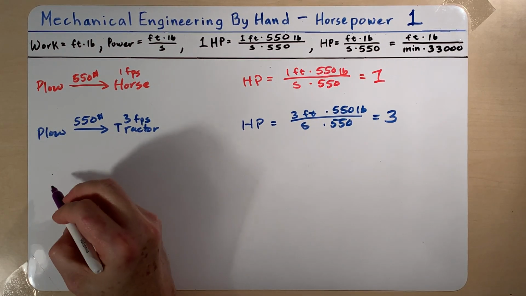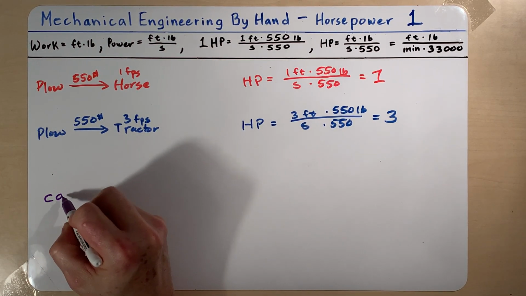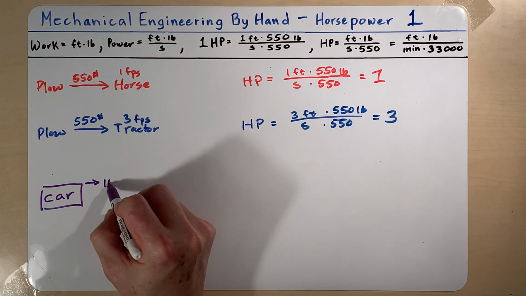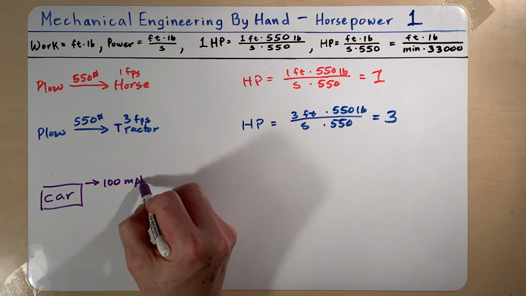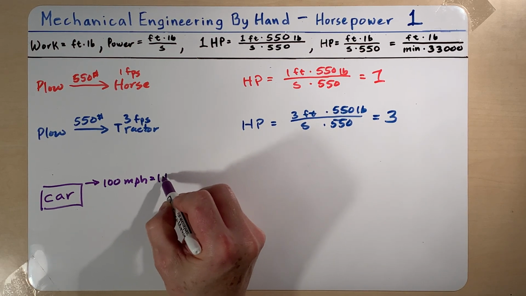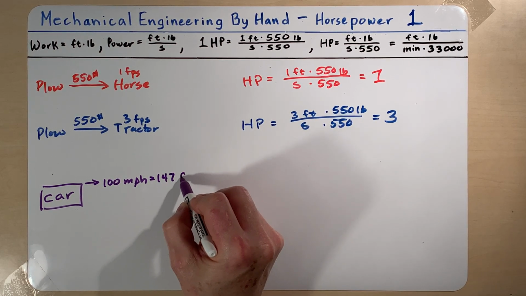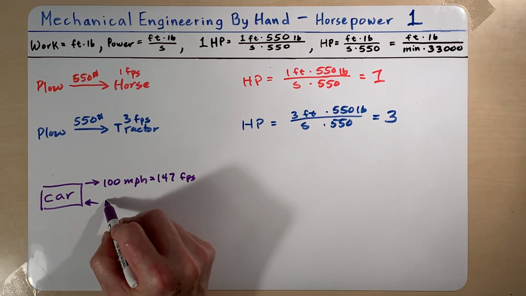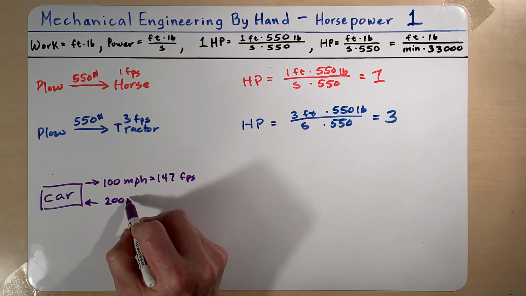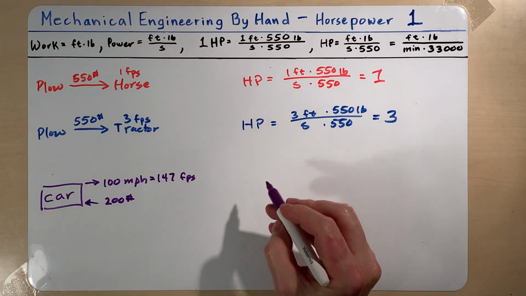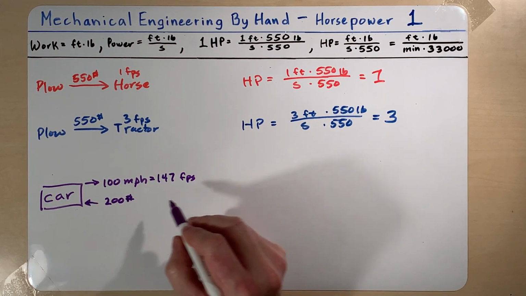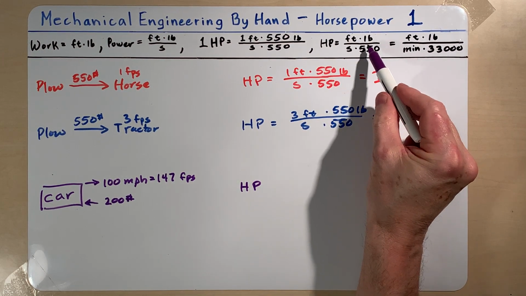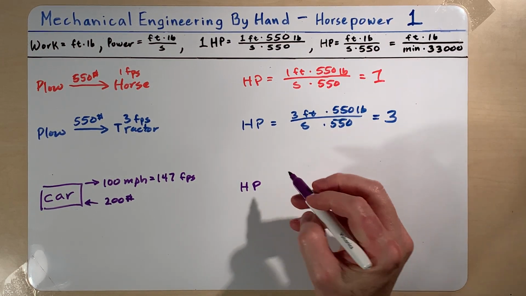Another example would be, let's say we have a car going 100 miles per hour, which is equal to 147 feet per second. And let's say there's a wind drag force on the car of 200 pounds. So the horsepower required to overcome that wind drag, we're dealing with seconds, so we'll use this equation.